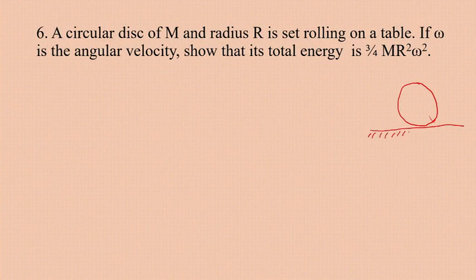So we have a disk which is rolling on a horizontal table. Capital M is the mass and capital R is the radius. As the disk is rolling, as we have already studied, it has both a translation and a rotational motion. Since it has a rotation, it has an angular velocity omega, and it has translation motion.